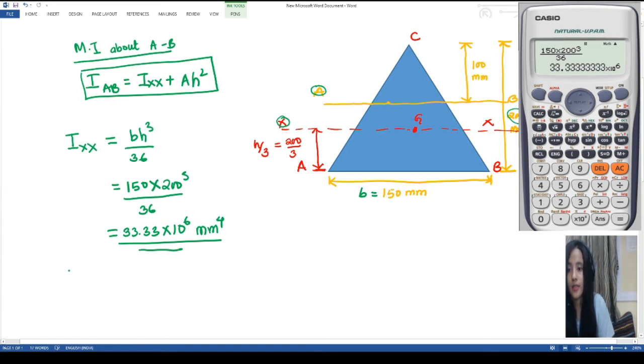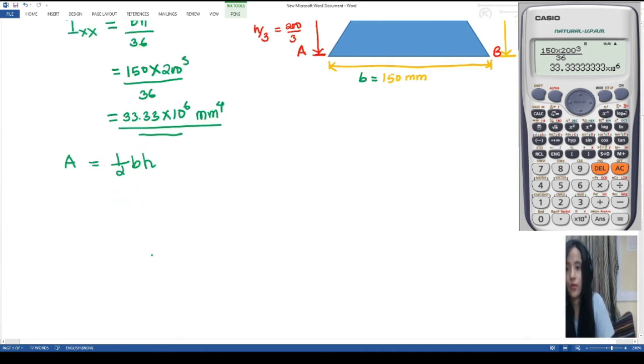Now let us find the area. Area A will be equal to, area of a triangle is half base into height, right? So area will be equal to half base is 150 into height is 200.